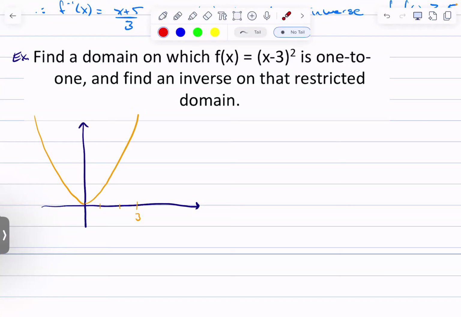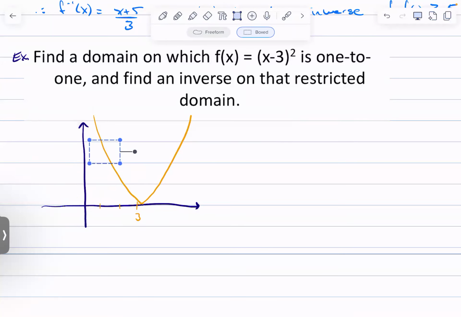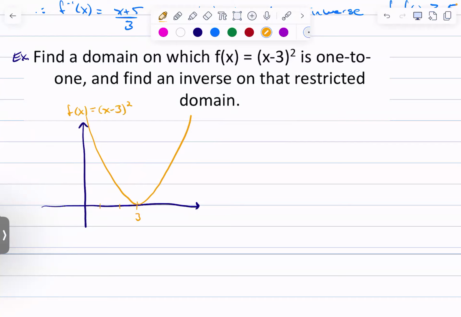And so then I move this whole thing over 3 units to the right from last day. This parabola shifts over 3 units. So this is the graph of f(x) = (x − 3)².